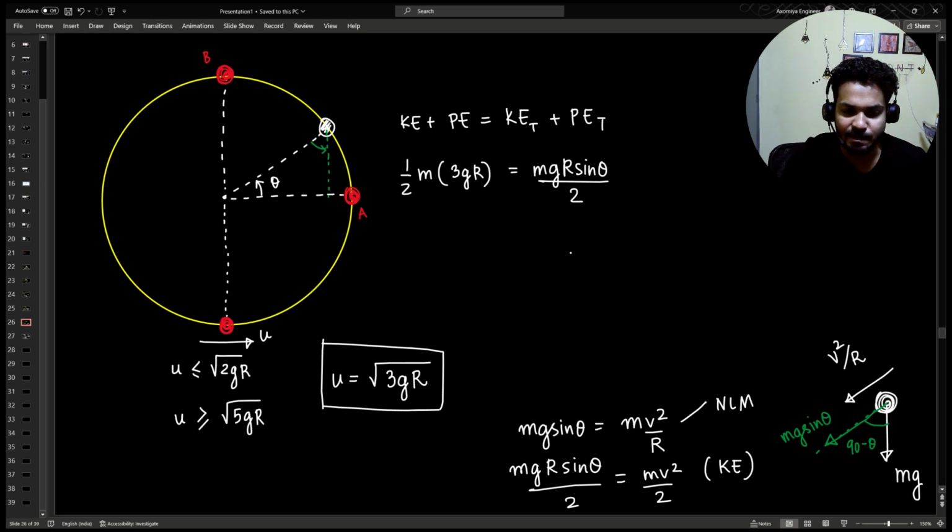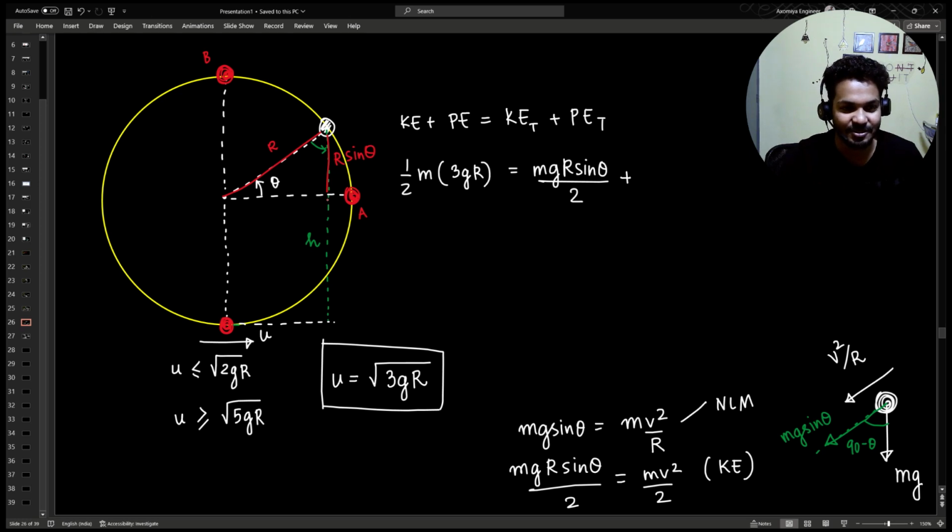Okay, now the next part is this. What is the potential energy at that height? Okay, I am waiting for Kush to answer this one. What is the potential energy at that point? What is the height? See, if this is r, this is going to be r sine theta, right? Perpendicular, opposite side.